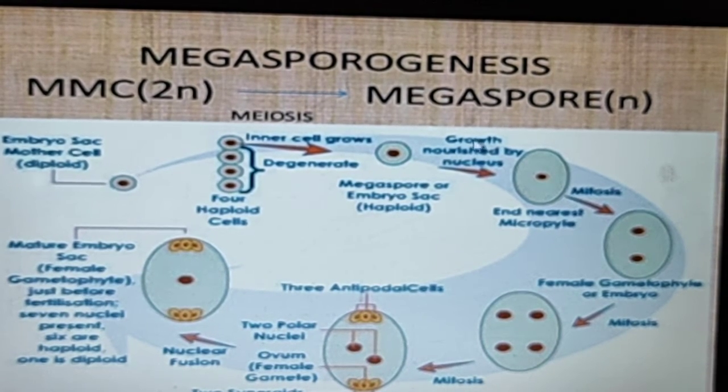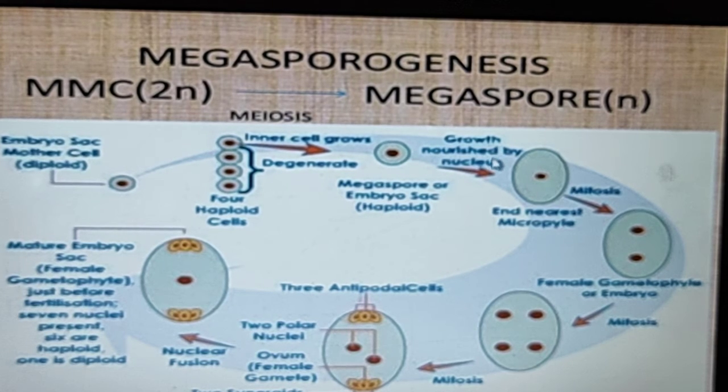Done? Now that one megaspore gets nourished by the nucellus, and with the help of mitosis, near the micropylar region, it forms 2 cells. Mitosis is the process of division where one cell forms two cells.